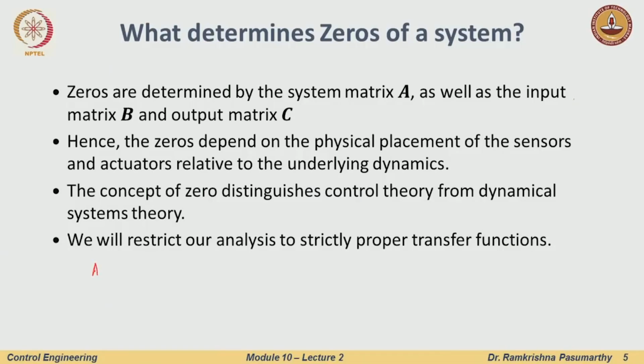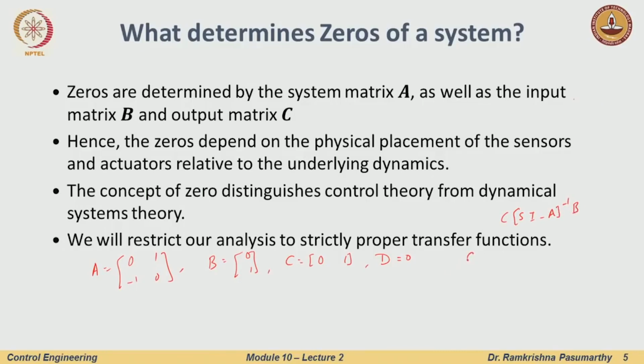So I have A as [0, 1; minus 1, 0], say B is [0; 1], C is also [0, 1], and say D equal to 0. Then I do the math, C (sI minus A) inverse B, D is 0.